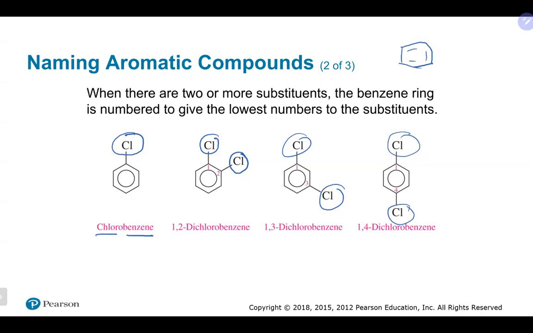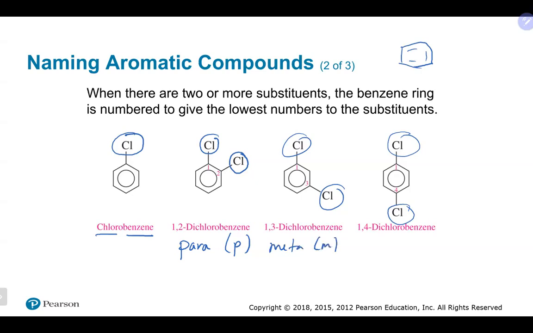These positions on the ring have special names as well. The 1,2 positioning is what is sometimes referred to as the para positioning, or just P. So instead of the numbers, sometimes people will just say P-dichlorobenzene or para-dichlorobenzene. The 1,3 positioning of those groups is what is known as the meta positioning.